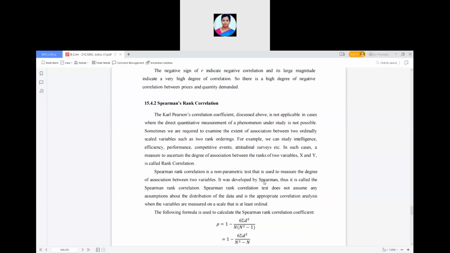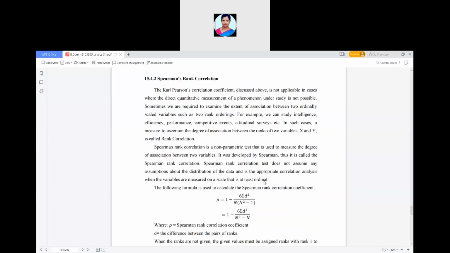It does not assume anything about the distribution of data and is the appropriate correlation analysis when the variables are measured on a scale that is at least ordinal. The formula is rho equal to 1 minus 6 into summation d square by n into n square minus 1. This is the formula for finding Spearman's rank correlation coefficient.